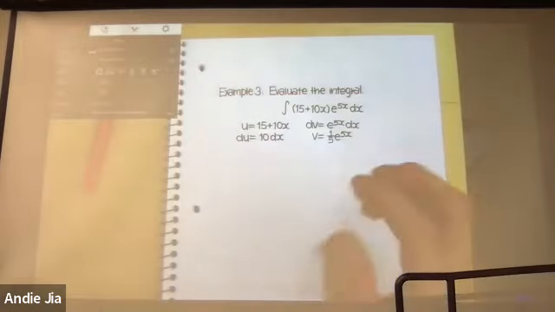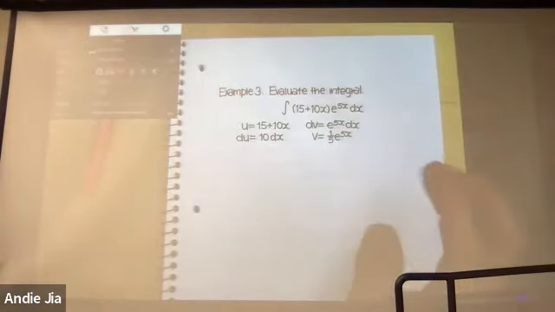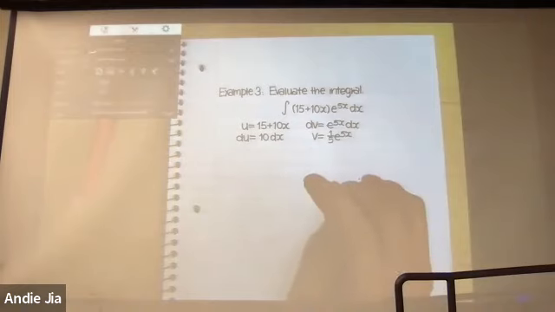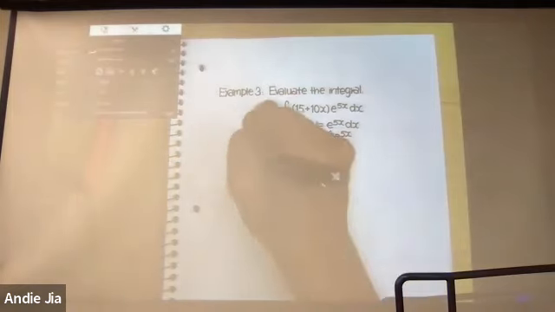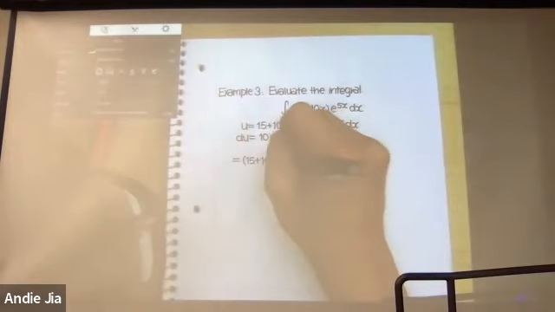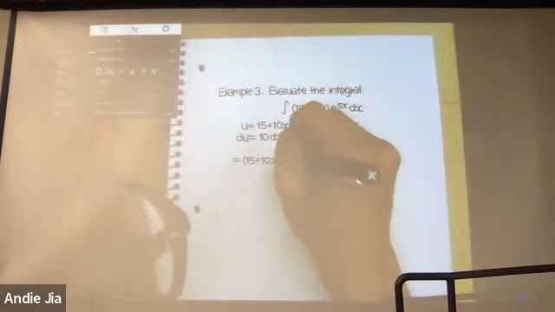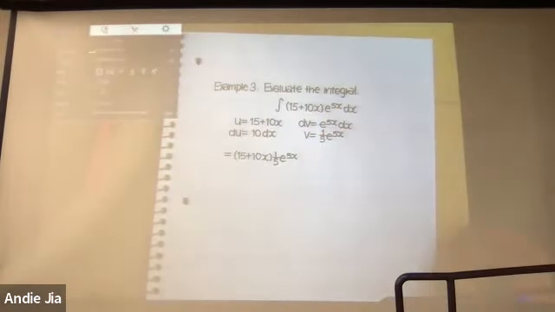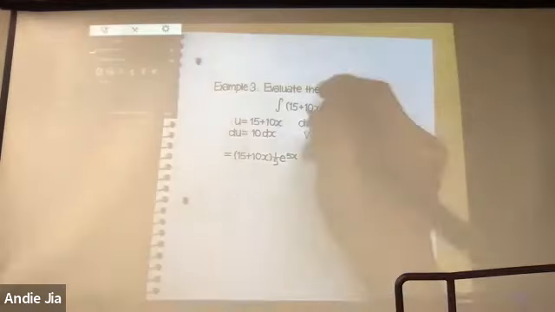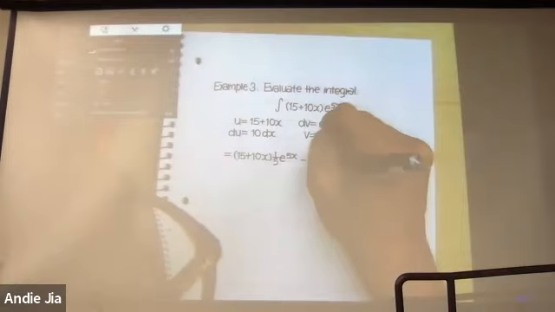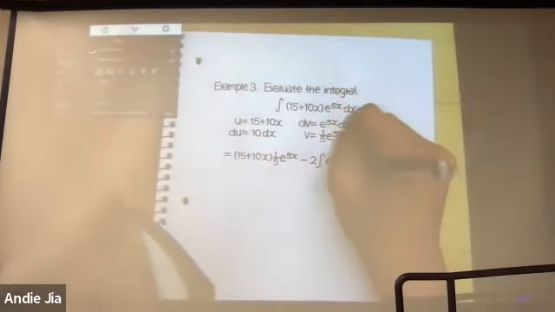And then we can put uv minus the integral of v du, which is going to be minus 2 over e^(5x) dx.